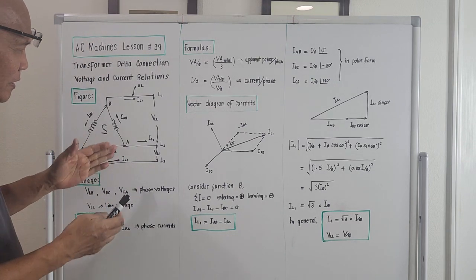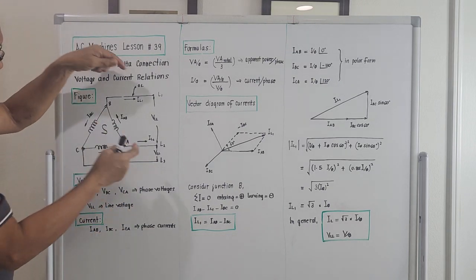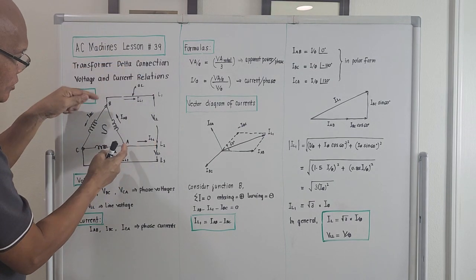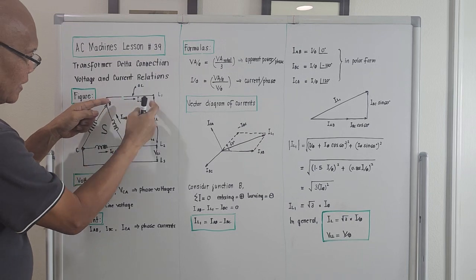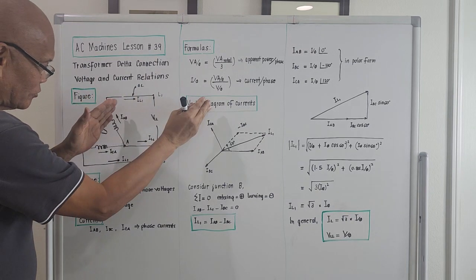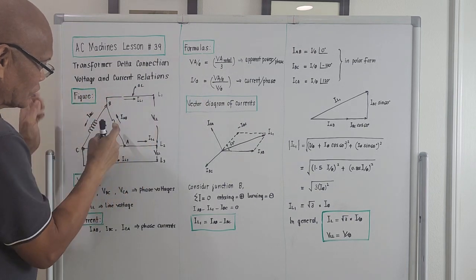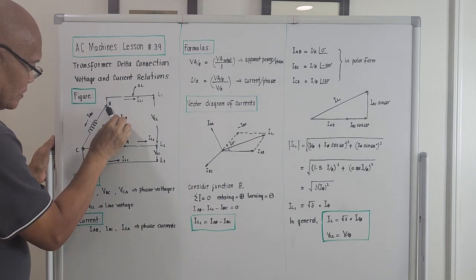What we will be deriving is the relationship of the line-to-line voltage with respect to the phase voltage, and the line current, the current going to the output lines, with respect to the current per phase.